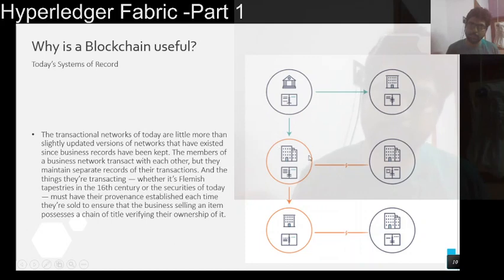For example, this is the banker who gives a loan to this person. This person gets a loan of 3 million to do a project. But the other party, who is the project owner, maybe the construction owner, says, I got only 2 million.